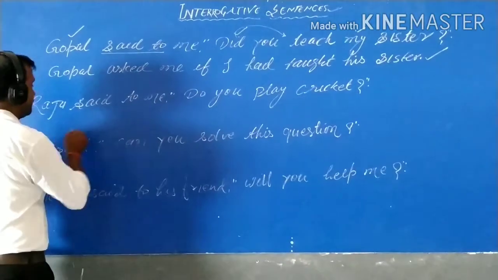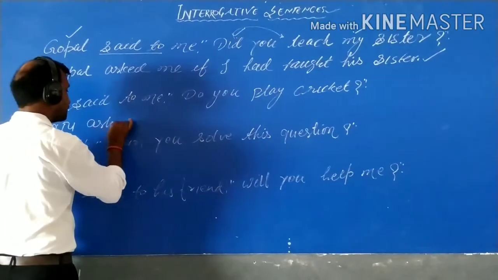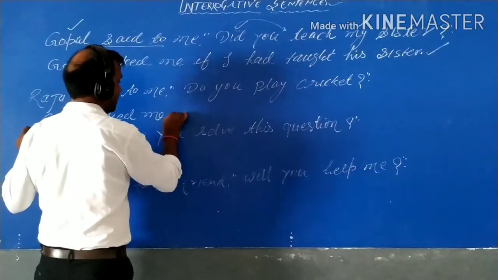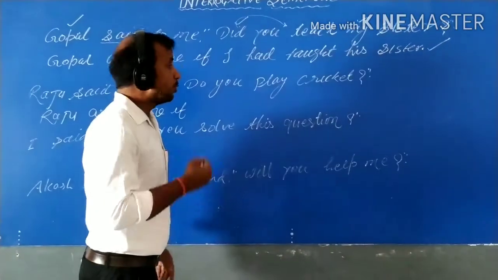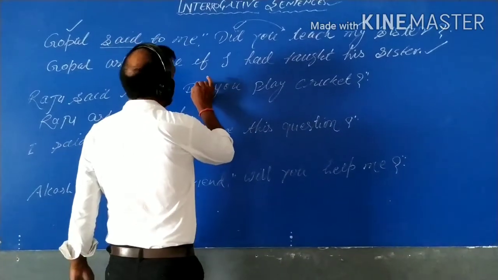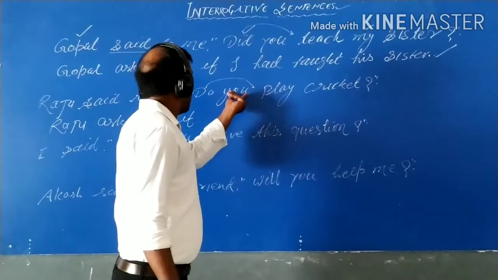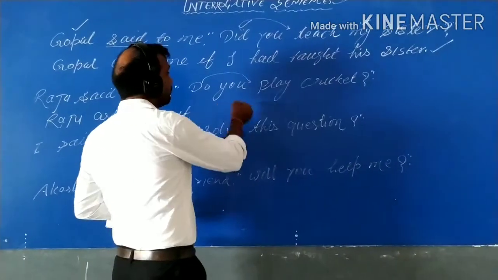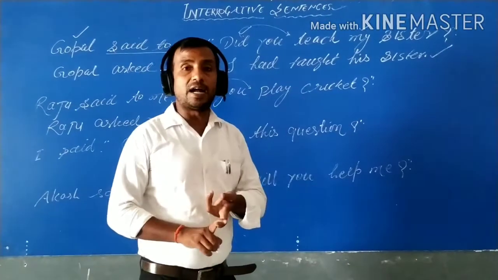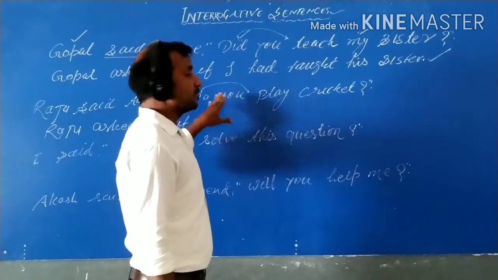Now, Raju said to me, then Raju asked me if, simple. Now, "Do you play cricket?" Then "do" will go here and it will be removed, because in simple present or present indefinite, do or does is never required in assertive sentences. When it turns into assertive, do and does will be removed.